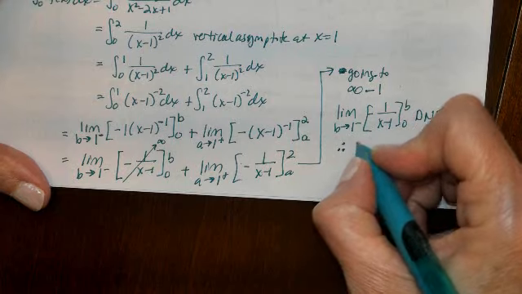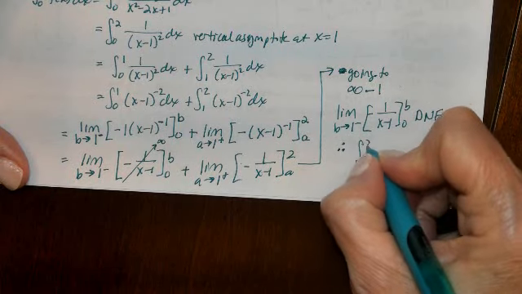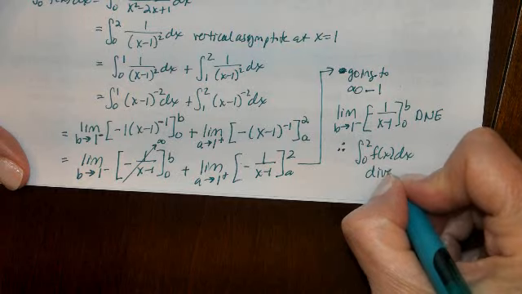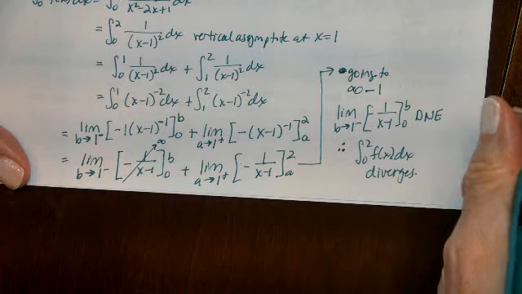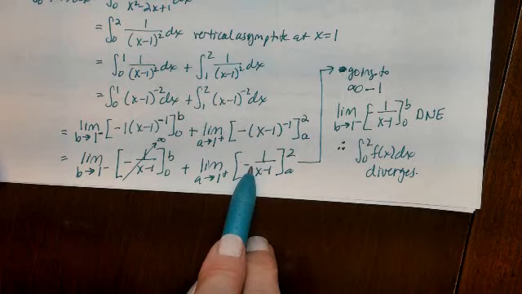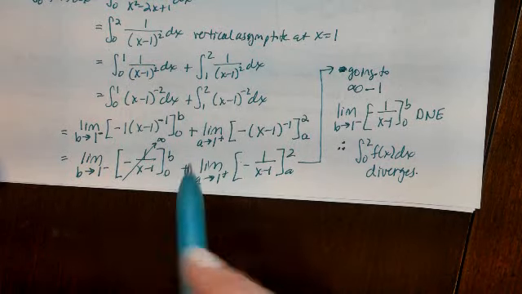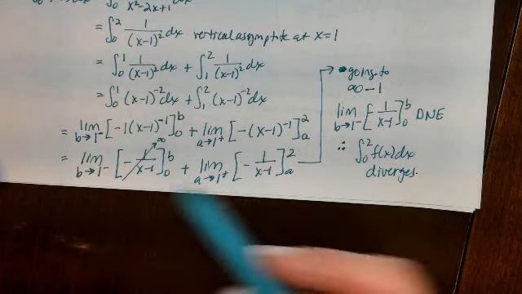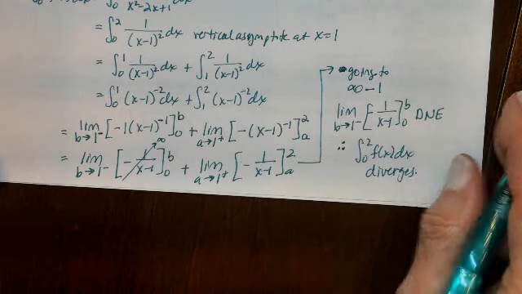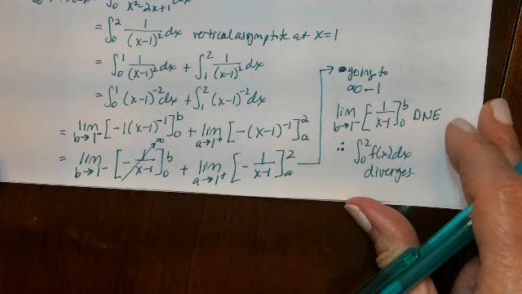Therefore, the integral diverges. If we had done this one too, we would have gotten another infinity, and you would be thinking of it as an infinity plus infinity. So obviously that diverges. If you said that, that would be fine as well, okay?